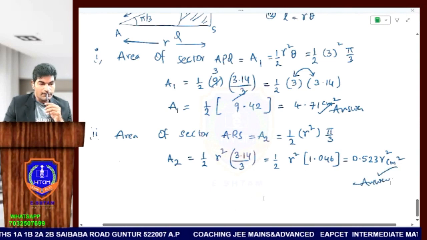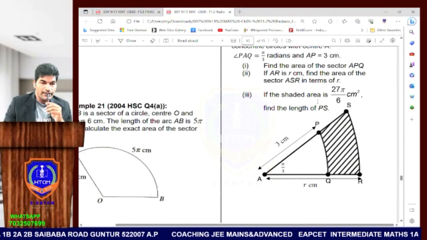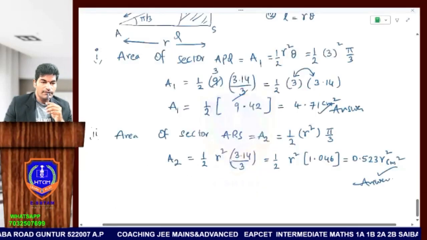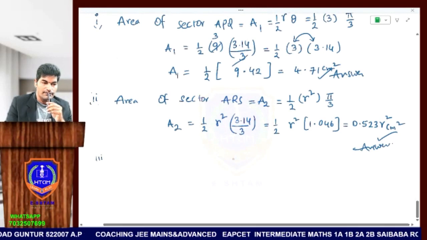Okay. Next, third one. If the shaded area is 27 pi by 6 centimeter square, find the length of PS. He gave that shaded portion area. Write down the third one. Shaded area.